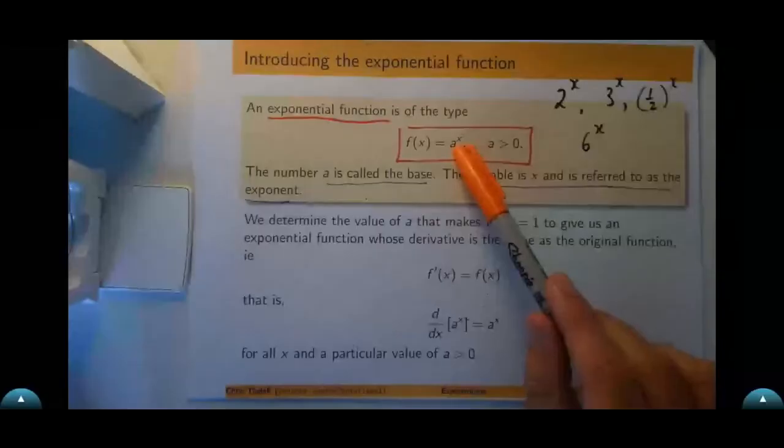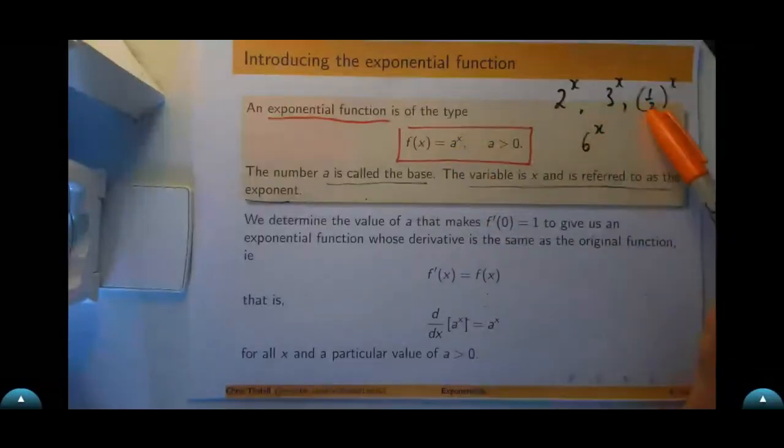Now what we're going to do now is derive this magic number e. It is a bit of a magic number like pi or the square root of 2, and I'll give you some ideas of where it comes from. We're going to choose a very special value for this base.